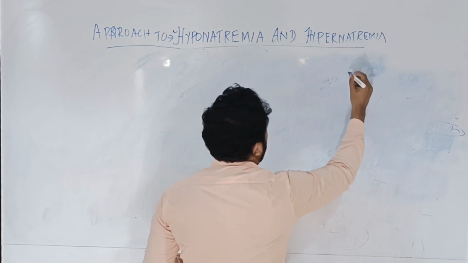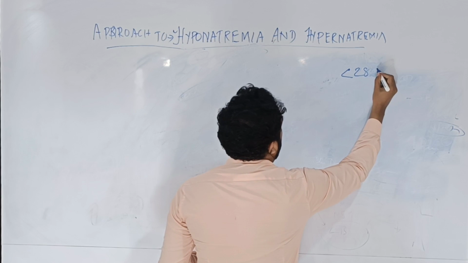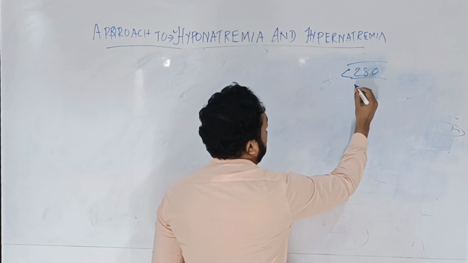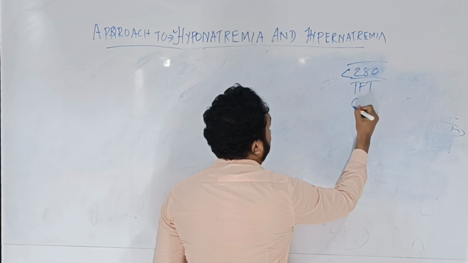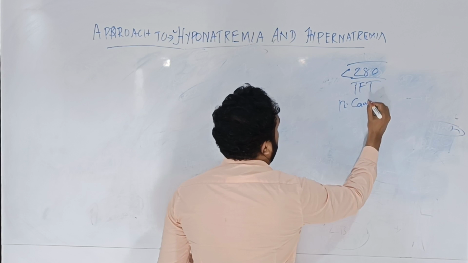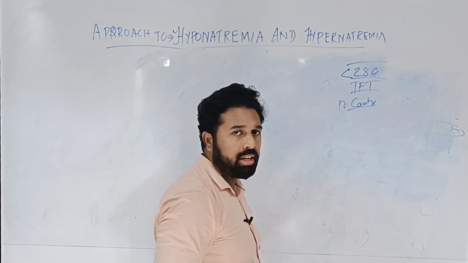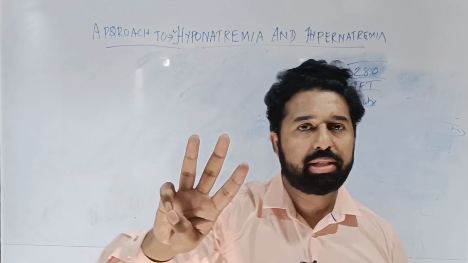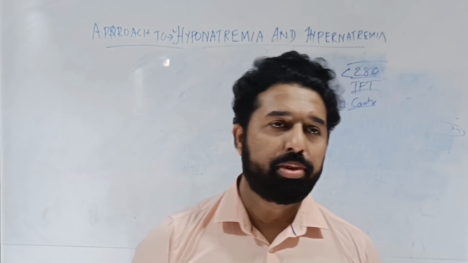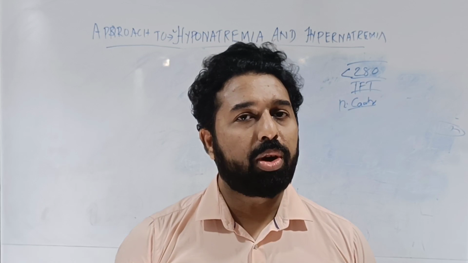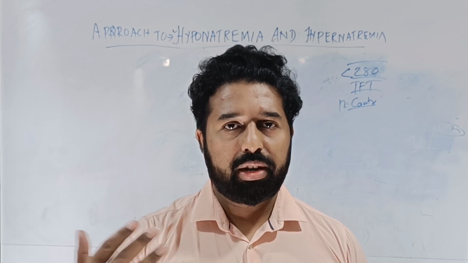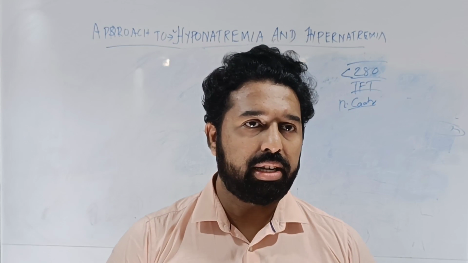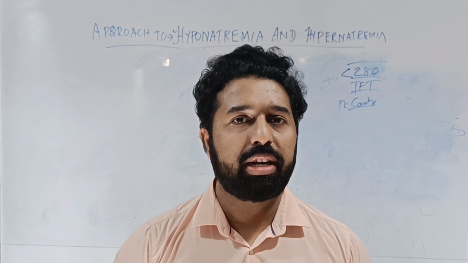So you have got that serum osmolality is less than 280. Second thing, you will always see thyroid function and random cortisol. Why do we send thyroid function and random cortisol? The three important differential diagnoses for euvolemic hyponatremia are SIADH, hypocortisolism, hypothyroidism. And if you remember the fifth criteria, absence of pituitary, adrenal, thyroid, liver or renal disease.